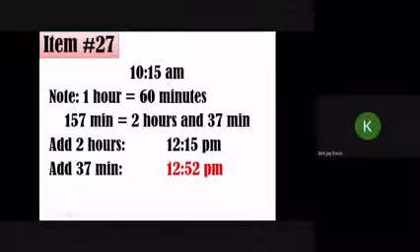And you still have 37 minutes left. So 37 minutes plus 15 here will give you 52. That's why their talk ended at 12:52 p.m. Letter C. I hope you got this correctly as well.